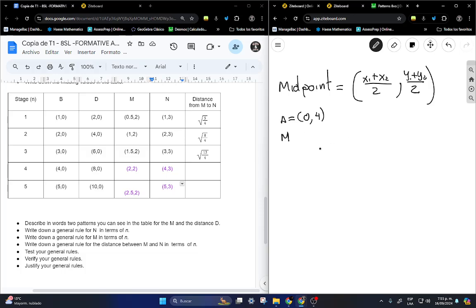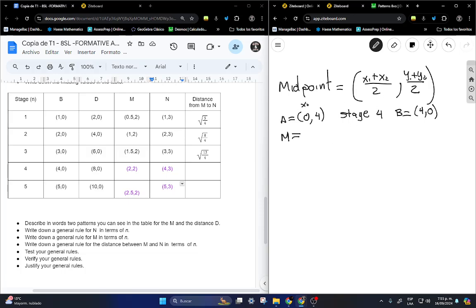And B, for the stage, let's say 4, B is 4, 0. So let's do the M for stage 4 once, so you can recognize how to do it, and you know that we could have done the same for all of these. So midpoint.